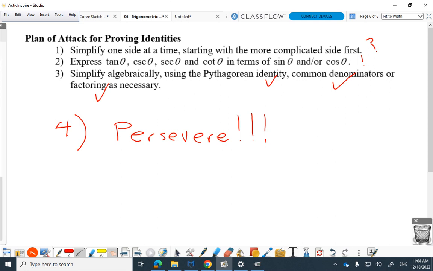It smudges all your work when you're writing in pencil. Keep at it, keep at it, keep at it. It's perfect advice for identities, and it's also perfect advice for life. Just keep going. Don't tonight have an identity crisis and decide that math's not for me, I'm not going to university. An identity crisis.